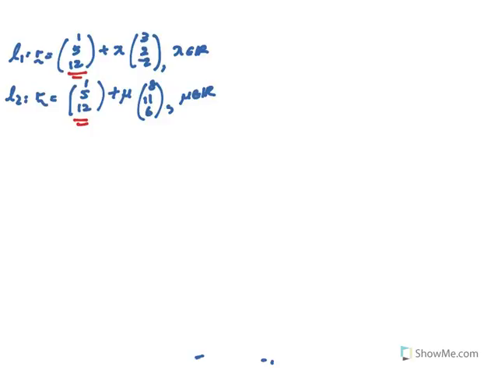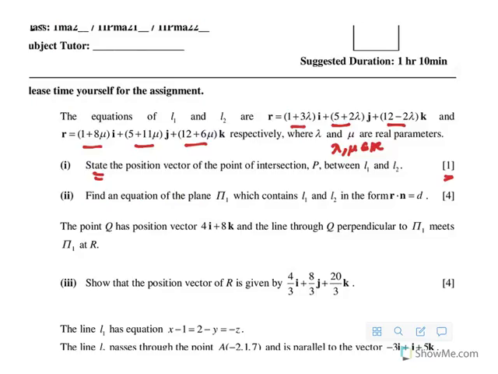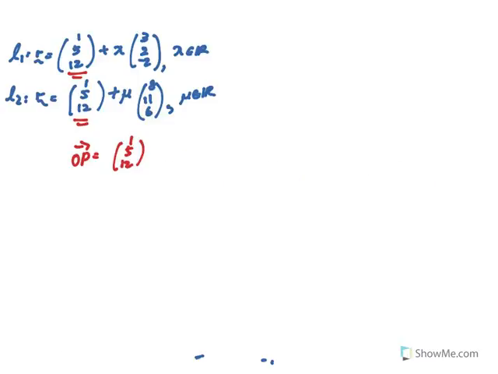You can just put OP equals 1, 5, 12. Remember you are finding the position vector, so write your answer in column form, not coordinate form.